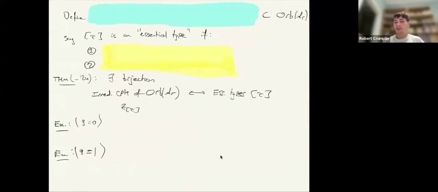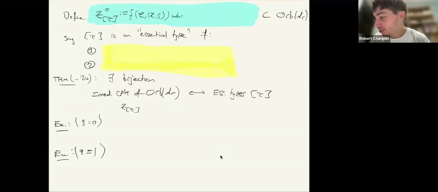So what's the use of this? I'm going to stratify this space of twisted maps, the universal space even, in terms of these types. I'm going to define a locus, Z tau circ, which is the locus of triples C, L, S which induce the type tau.